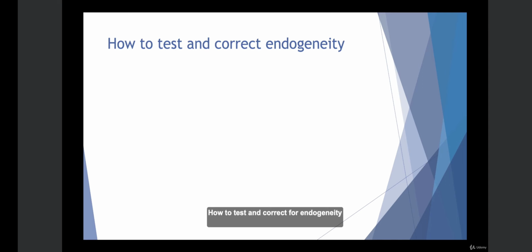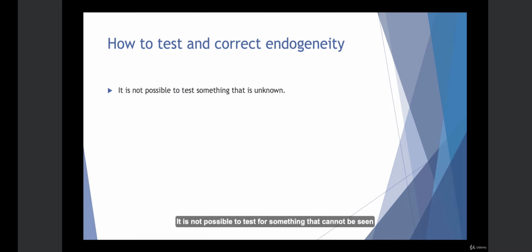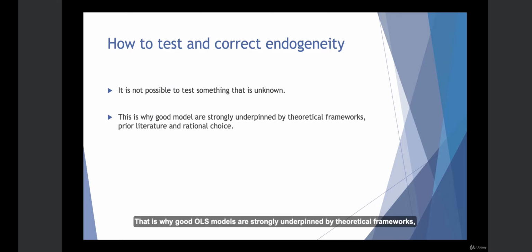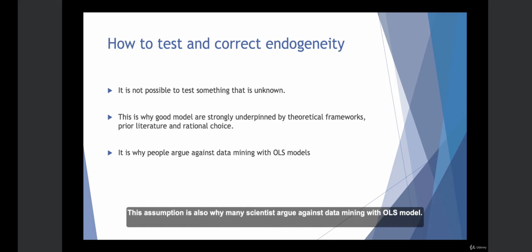How to test and correct for endogeneity? It is not possible to test for something that cannot be seen. That is why good ordinary least squares models are strongly underpinned by theoretical frameworks, prior literature, and rational argumentation. This assumption is also why many scientists argue against data mining with ordinary least squares models.